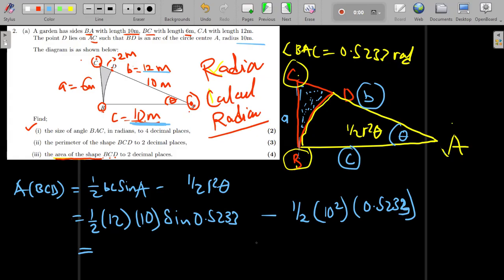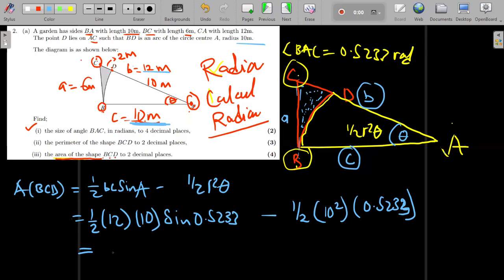Let's punch all these numbers into our calculator. I punch 1 divided by 2 multiplied by 10 multiplied by 12 multiplied by sine 0.5233, put that in brackets, and then minus, open bracket, 1/2 times 10 squared times 0.5233, and close the bracket.